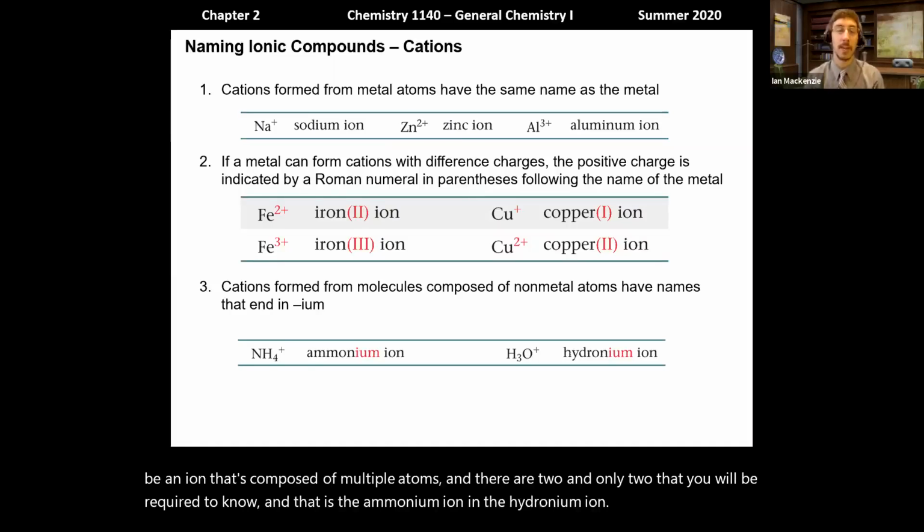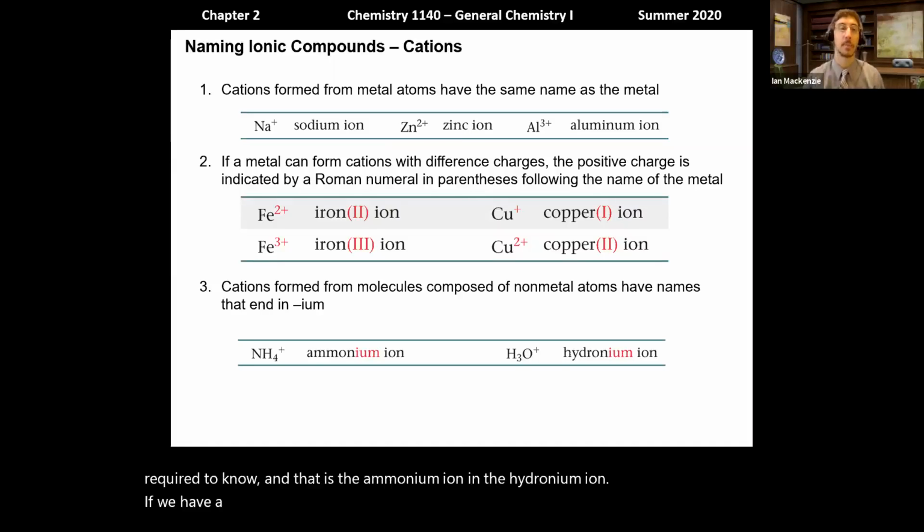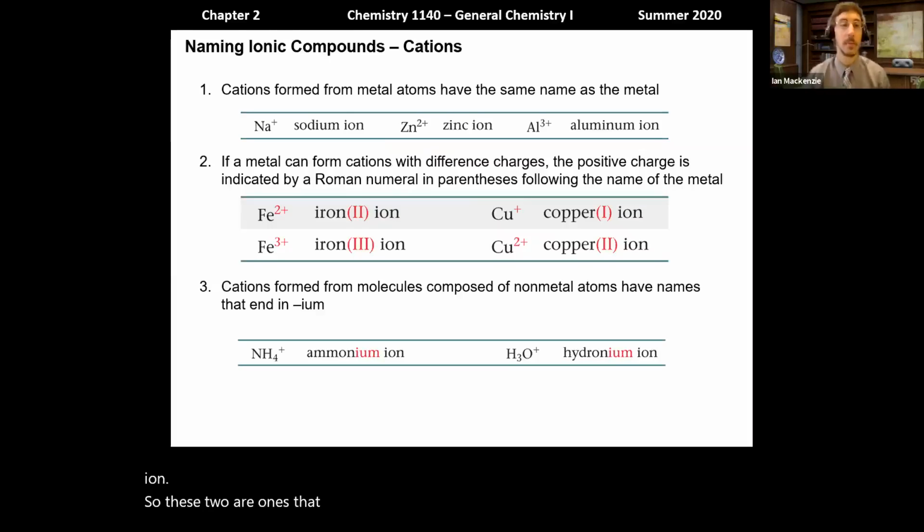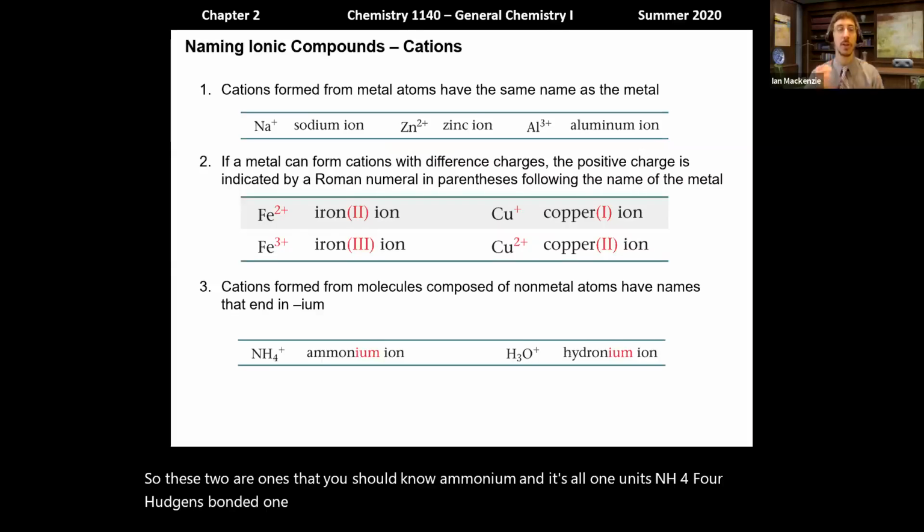If we have a cation that's coming from nonmetals, we would put the ium ending before the ion. So these two are ones that you should know. Ammonium, and it's all one unit, it's NH4, 4 hydrogens bonded to 1 nitrogen as 1 unit with a positive charge overall, and hydronium as H3O plus on the whole unit.